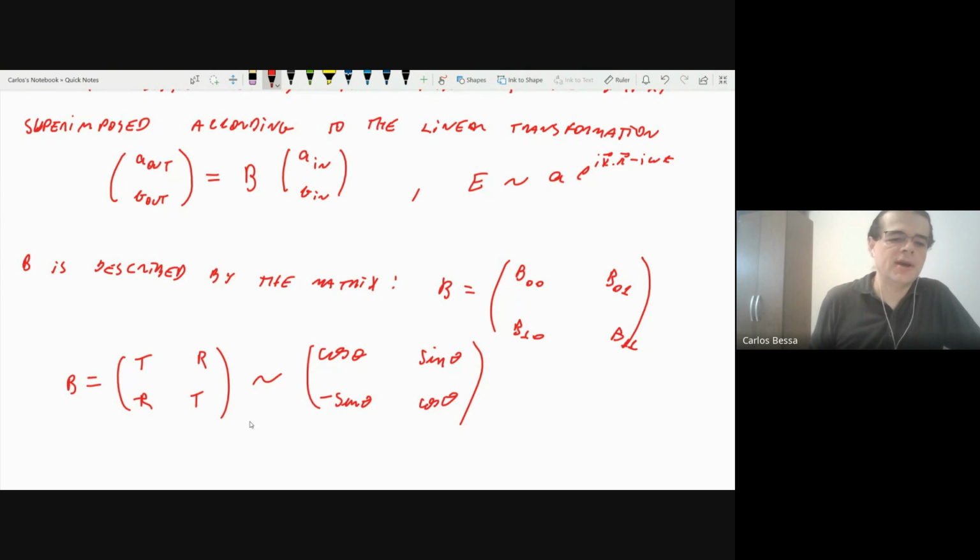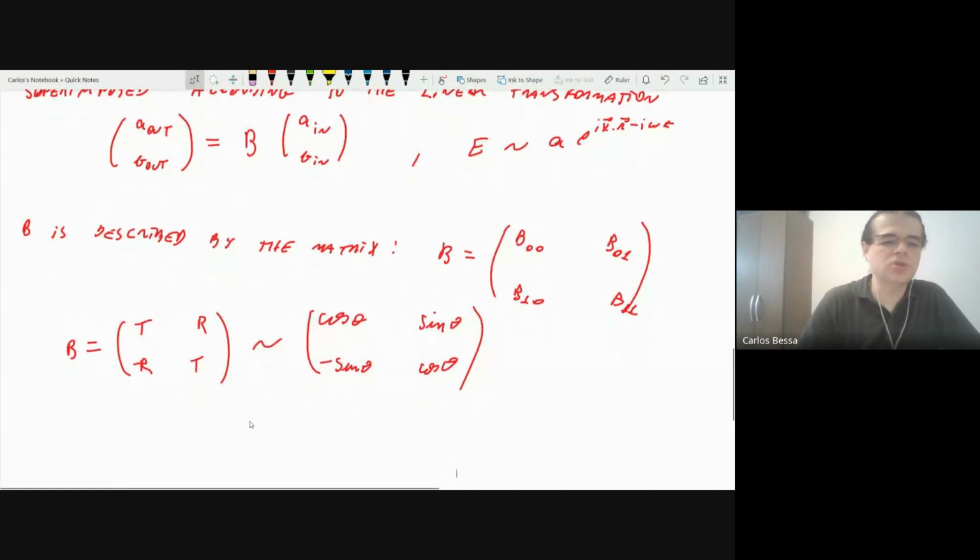And this minus sign is also sometimes in this term, sometimes in this other. This is in general a convention. But an expression like this is confirmed experimentally. So let's call this B classic.